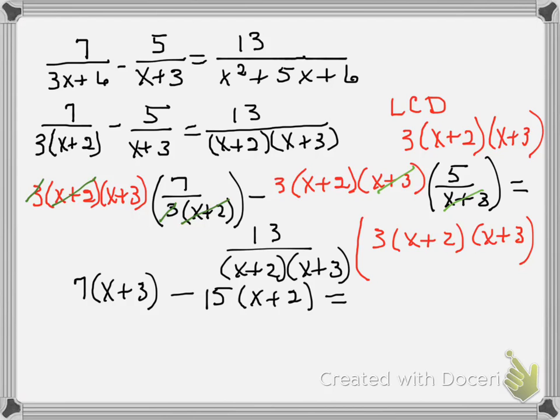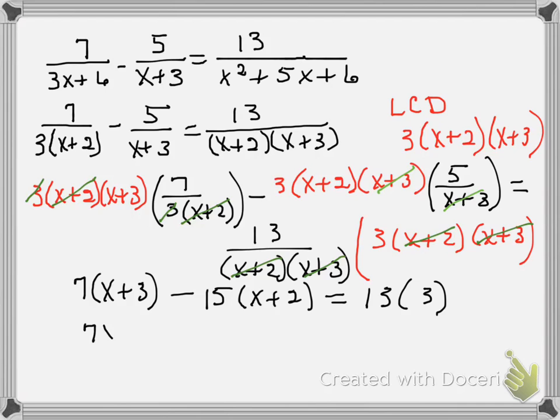Now on the right hand side, we can cancel out or divide out the x plus 2 and the x plus 3, leaving us with only two constants, 13 times 3. All right, on the left, apply your distributive property.